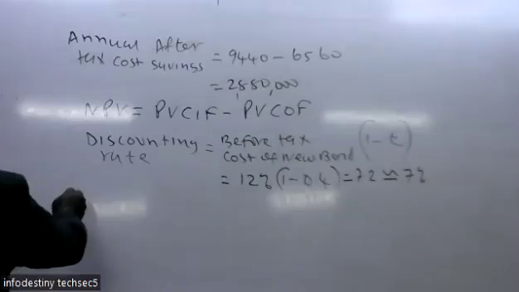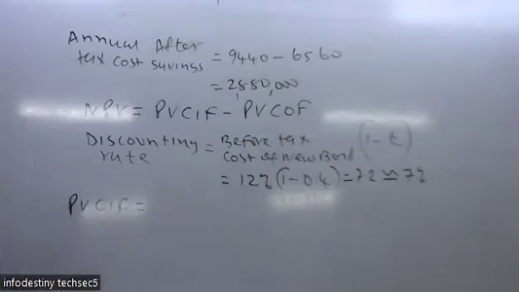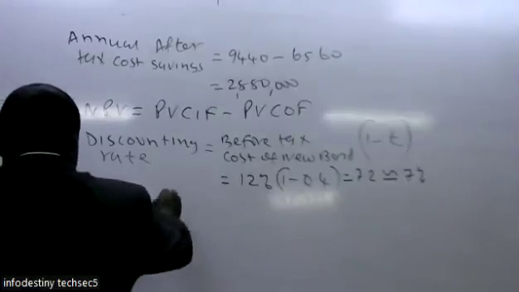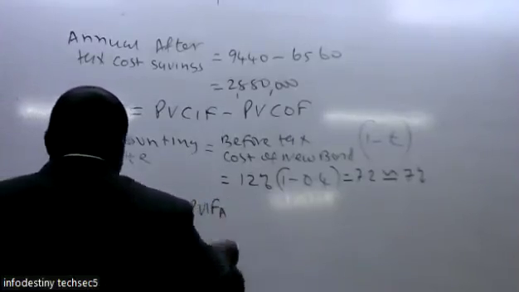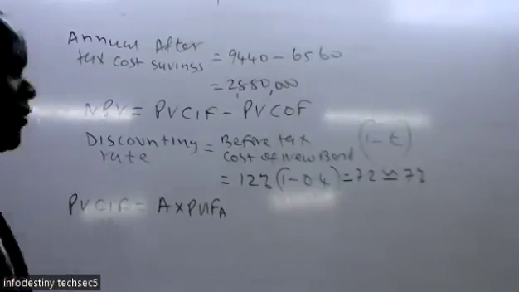So now we compute the present value of the cash inflows. It will be the annuity multiplied by the present value interest factor for the annuity.